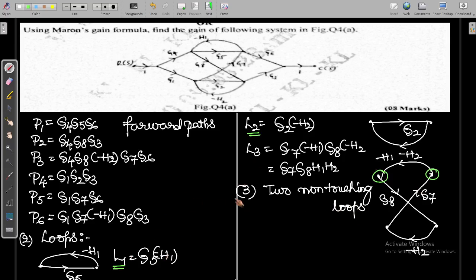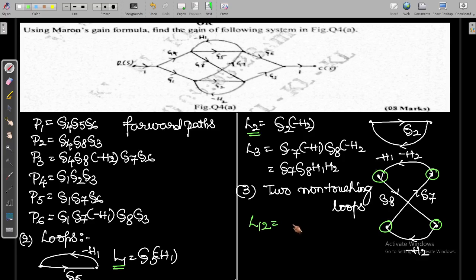That comparison is over. Next you compare L2 with L1, which we already compared, they are non-touching loops. Next L2 with L3: they also have a common node here, so you can't take that. So you can take only L12 as the two individual non-touching loops which do not have a common node.